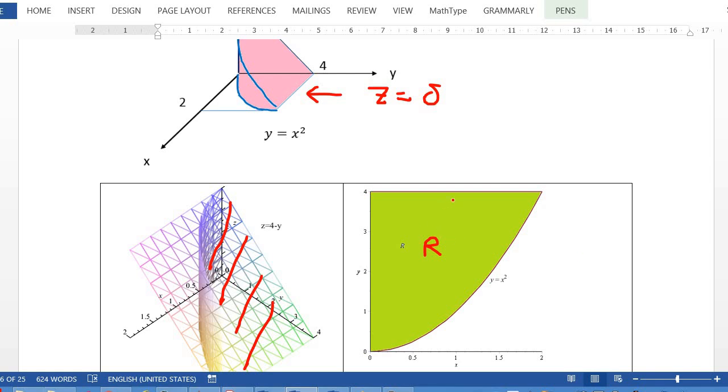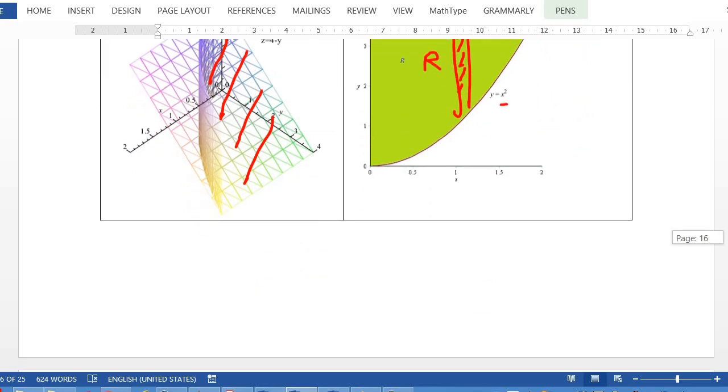So I prefer to use dy dx, the vertical bar. Then my y will be from x squared until y equal to 4. This is y equal to x squared. And then you sweep the vertical bar from the left, which is x equal 0 until x equal to 2.